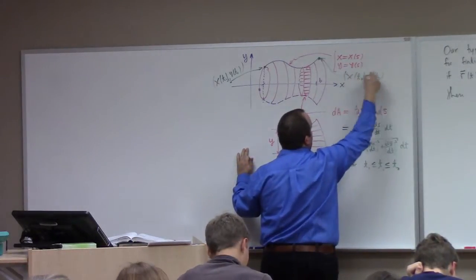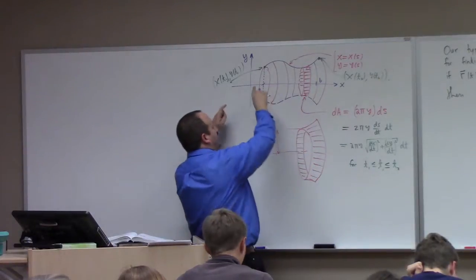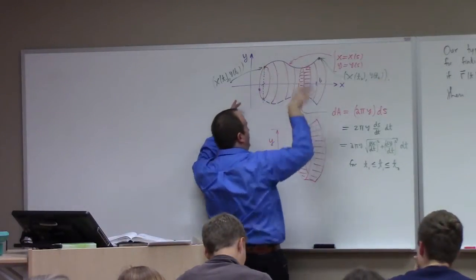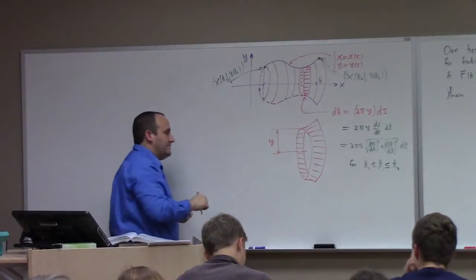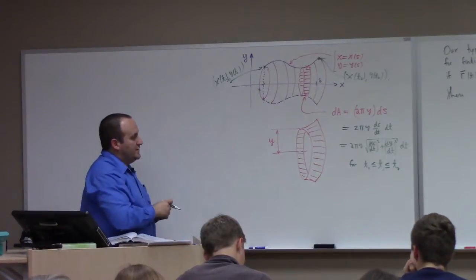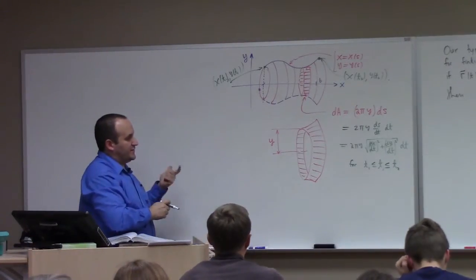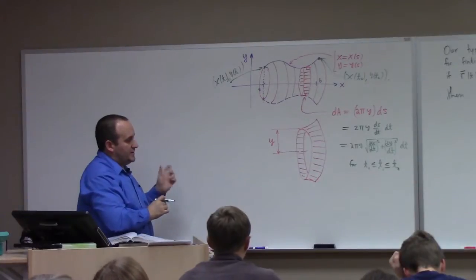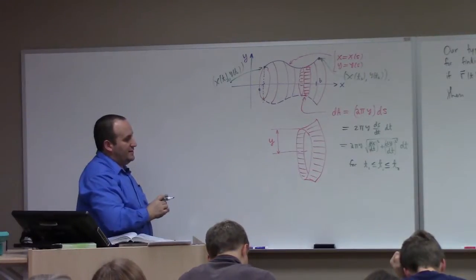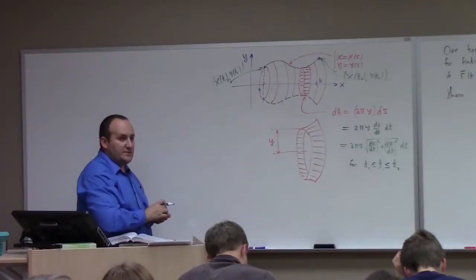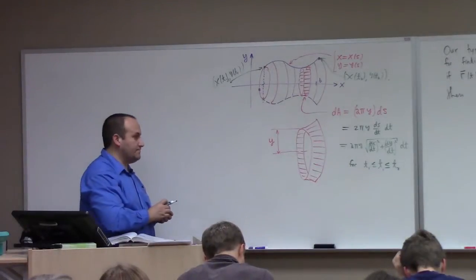So if I can parameterize my profile curve, which we revolve around, then I do this to find the little bit of area corresponding to the little change in the parameter dt, and then I integrate that from t1 to t2 to find the total surface area.